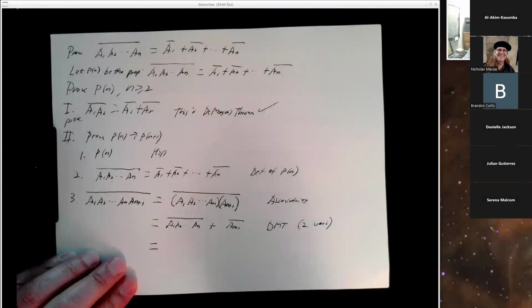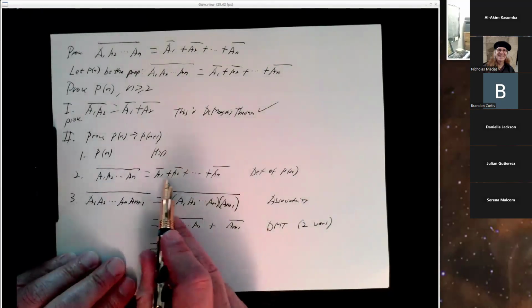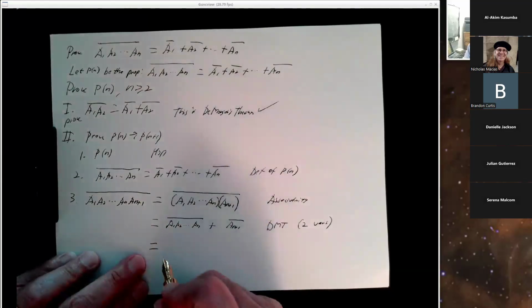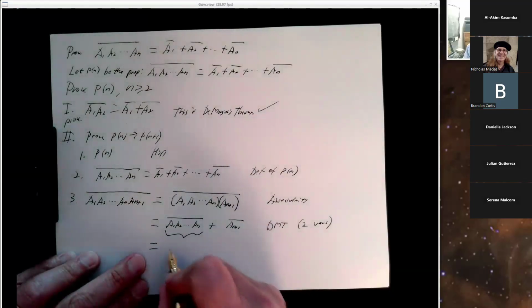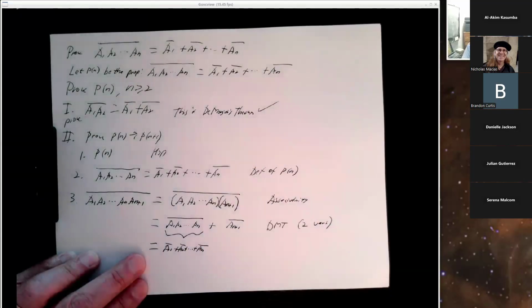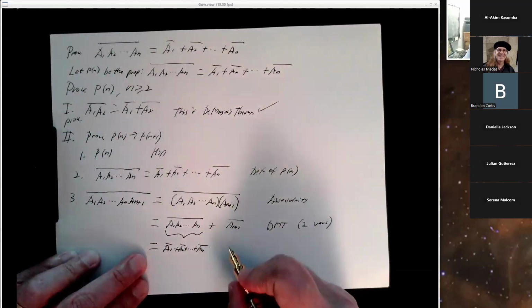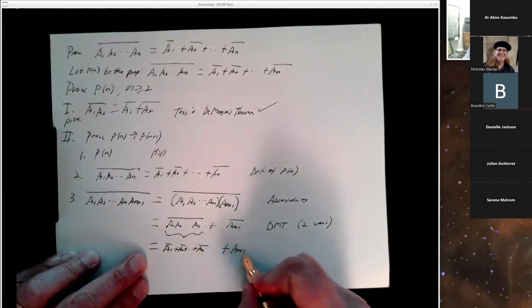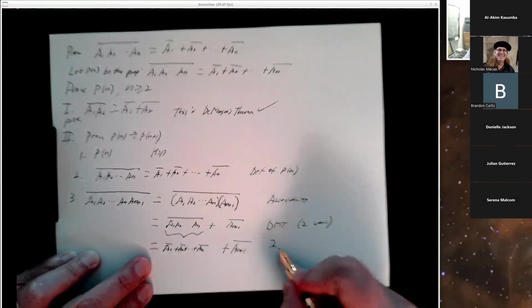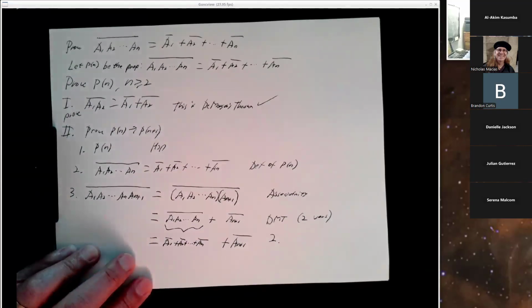But we know P of n, we know that this is equal to that. And so we can rewrite this as the following: A1 bar or A2 bar up to AN bar plus AN plus 1 bar. And that's proposition 2.